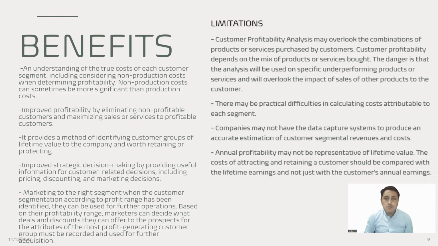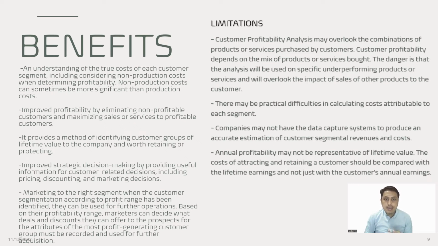And then the first one is an understanding of the true cost of each customer segment, including considering non-production costs when determining profitability. Non-production costs can sometimes be more significant than production costs. And then the second one is improved profitability by eliminating non-profitable customers and maximizing sales or service to profitable customers.